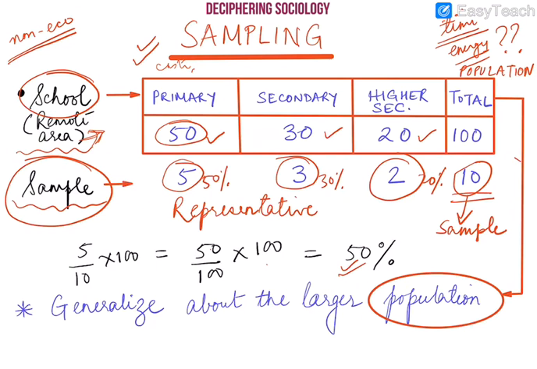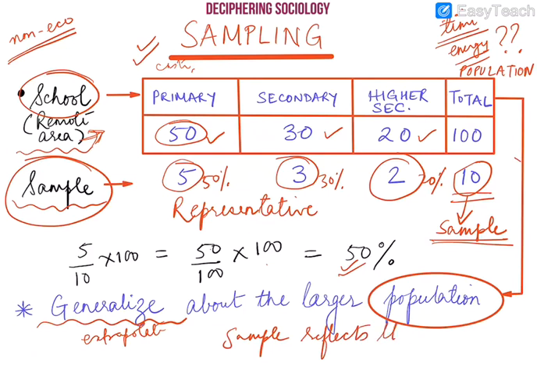Now any observation that I make about this sample, I will extrapolate, or I can generalize, you can say. I will generalize about the larger population. So the sample is going to reflect the population. This is known as sampling, and it is one of the building blocks of data collection.